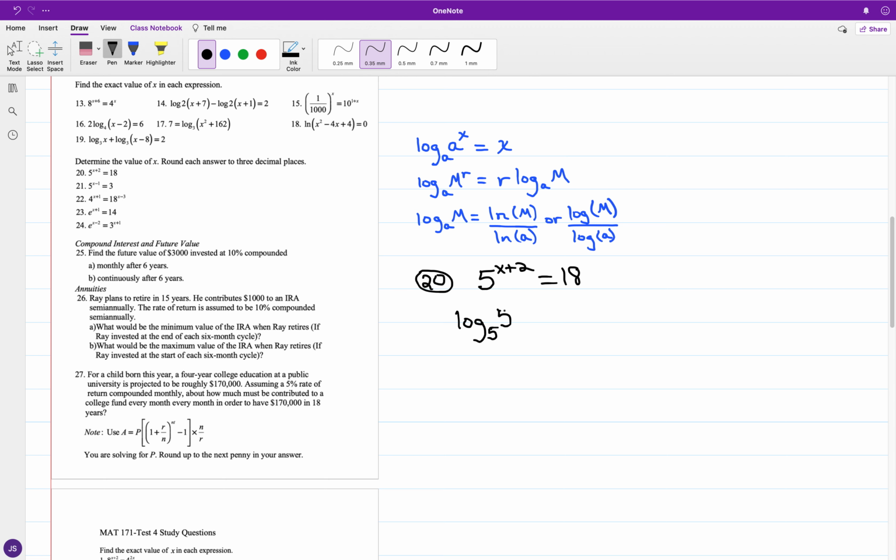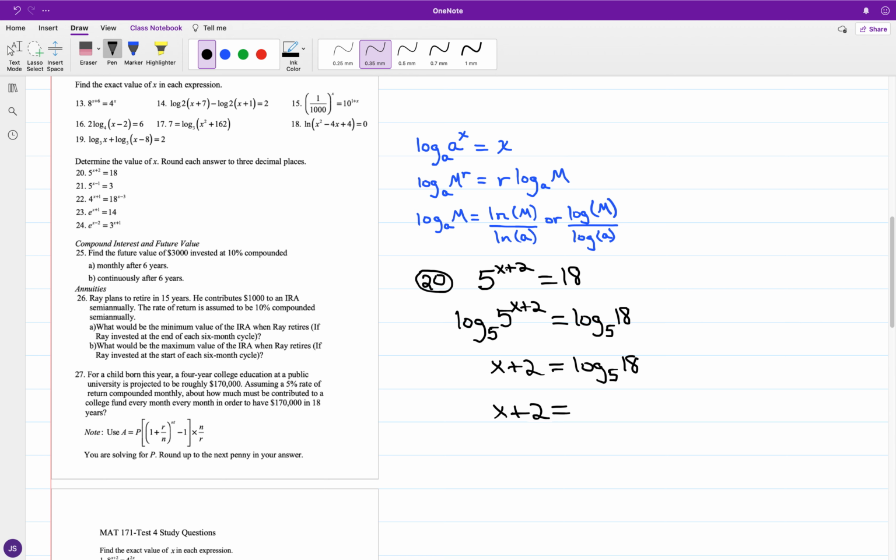So here we have the base 5 logarithm of 5 to the x plus 2 is equal to the base 5 logarithm of 18. The left hand side will be x plus 2, equal to the base 5 logarithm of 18. It says to round the answers to 3 decimal places if the decimal does not terminate, so we can apply the change of base formula using either natural or base 10 logarithms.